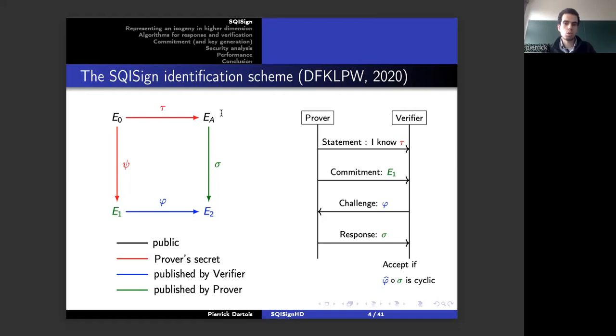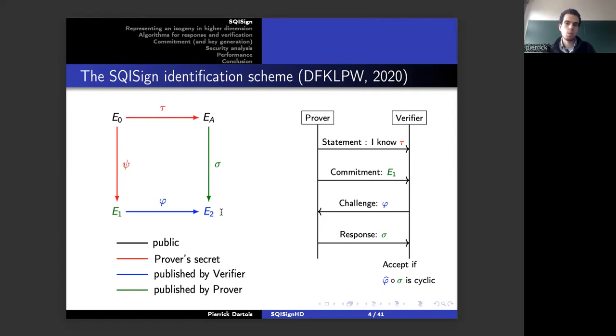And to prove knowledge of this secret isogeny with this public key EA, he will just commit an elliptic curve E1 generated with a secret isogeny psi, and the verifier will challenge him with phi, which is another isogeny that he will send.